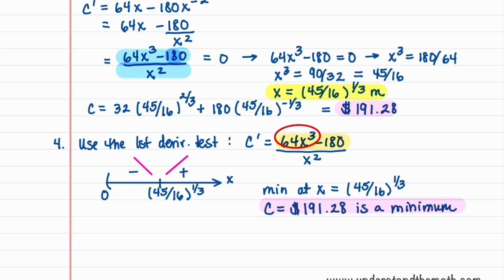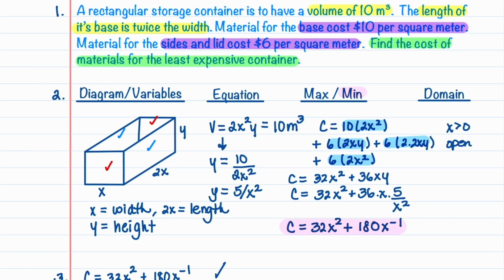And now we can go to our last step, which is just to reread the problem and clearly state our final answer in a complete sentence. Let's go back up and look at our problem. It says, find the cost of materials for the least expensive container.